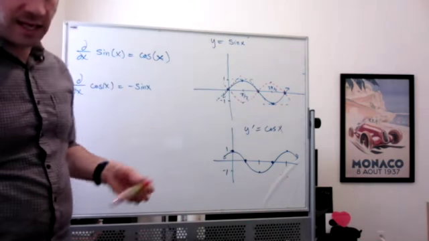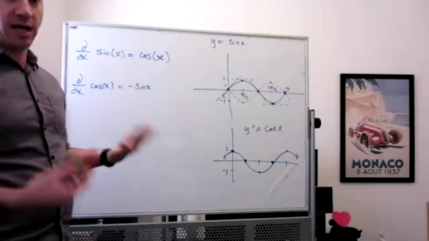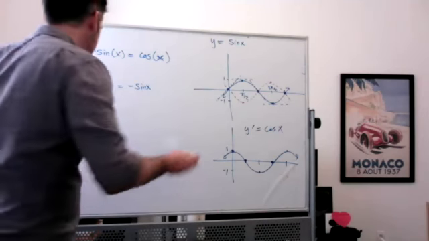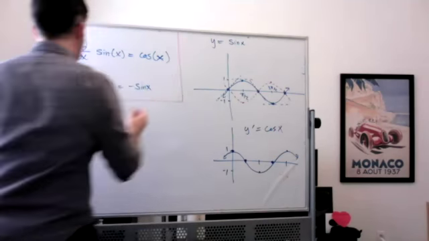So the nice thing now is that we have a couple functions that aren't just powers of x, we can actually ask some more interesting derivative questions, like if f of x is x cubed times sine of x, what's the derivative? Oh, we have to use the product rule.